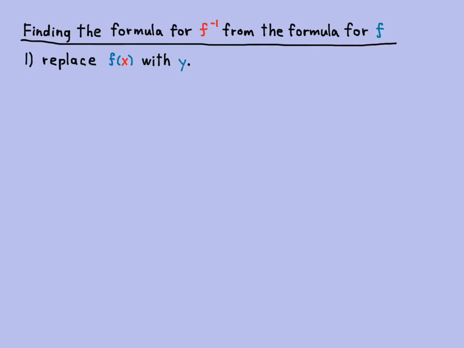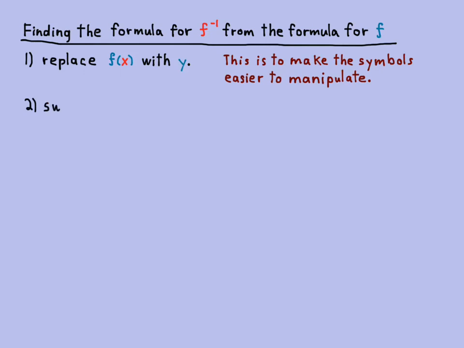Okay, so we just change f of x to y. We just make up a letter for it. You could call it z or something if you want, but more common is y. And I wrote that out just so you have it on the PDF in your notes. It's just to make it easier to manipulate.